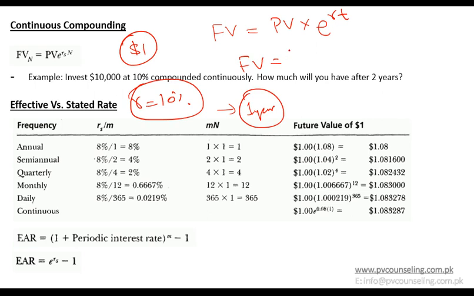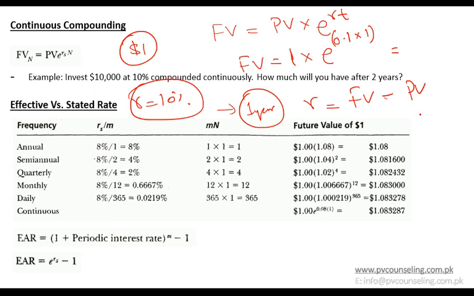So what is FV? FV is 1 multiplied by e to the power r, which is 0.1, multiplied by t, which is 1. So this will be your FV. And if I ask you about the rate, the rate will be FV minus PV. That is the future value that you have accumulated minus the present value.